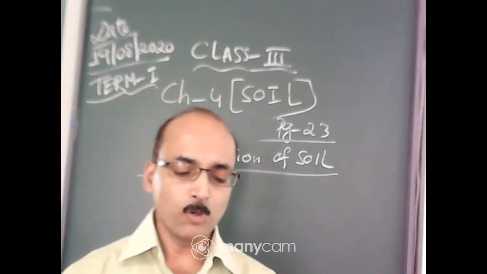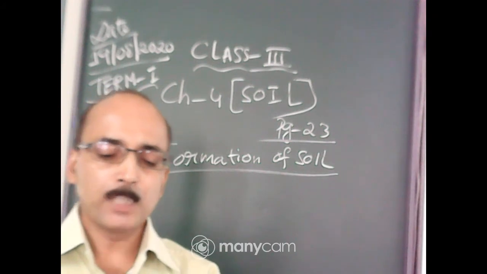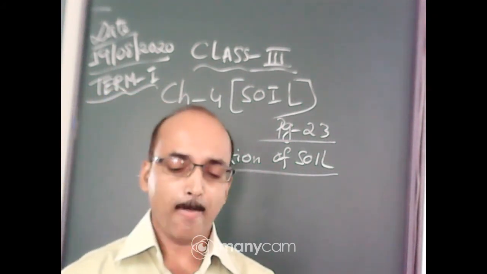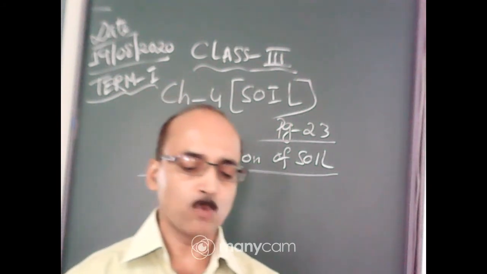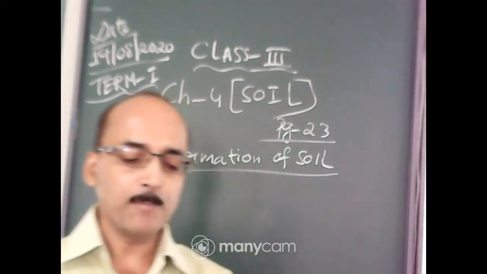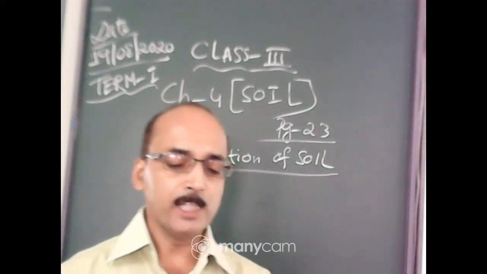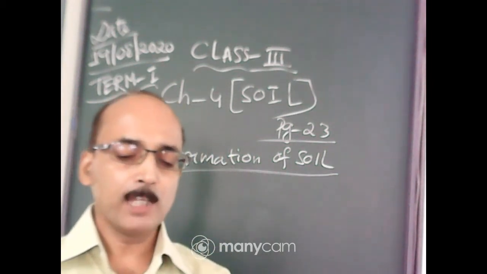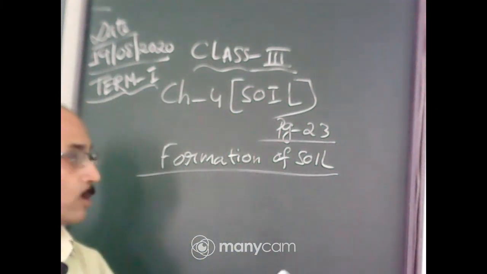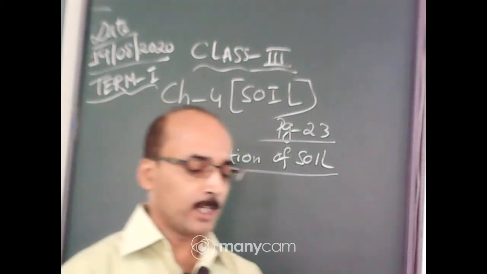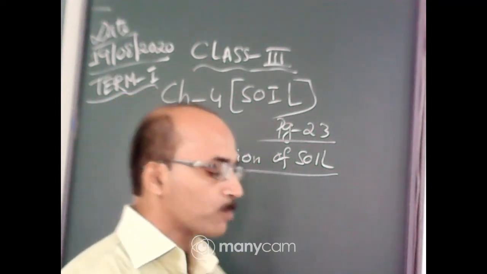Point number 4, these small pieces are carried to different places by the wind or running water. Point number 5, the pieces rub against each other till they finally become tiny particles of soil. So after the heating and cooling, the rocks break into small pieces.